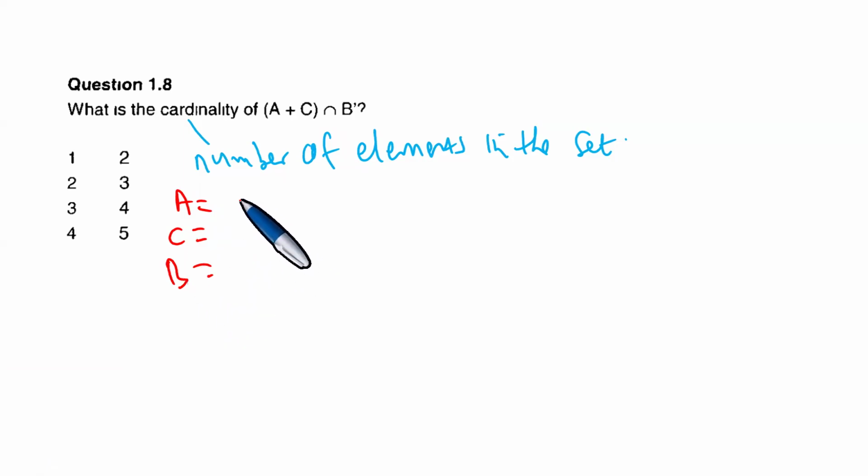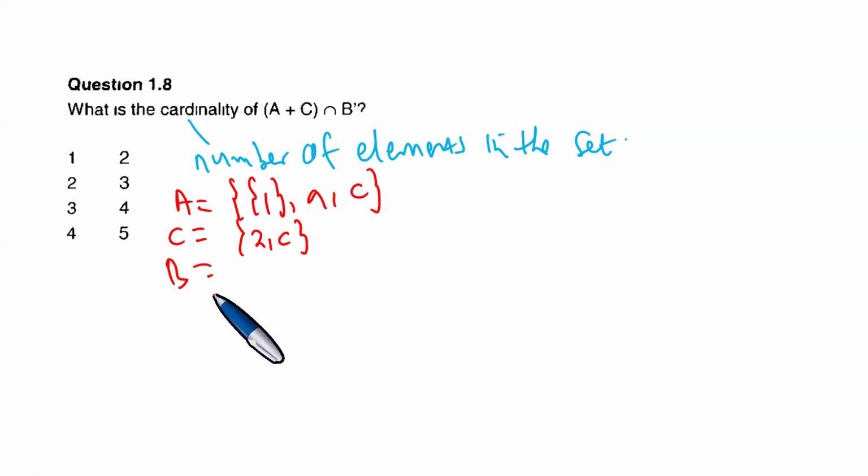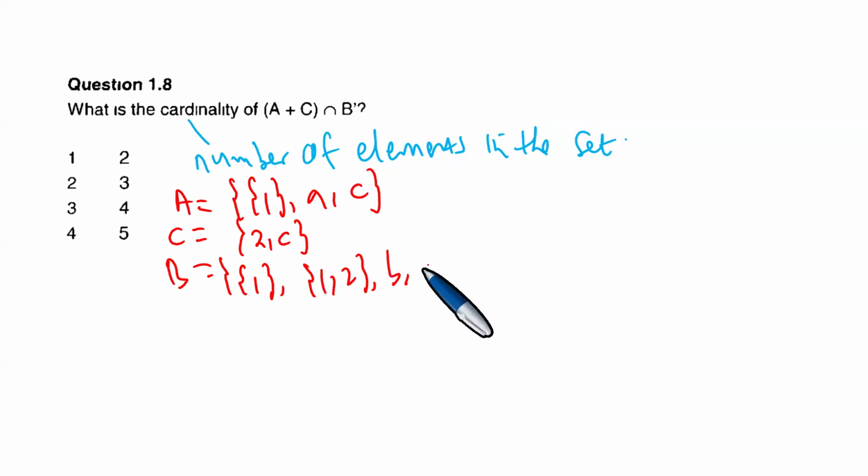We remember that A contains the singleton containing 1, it contains A, but also it contains C. And this one contains 2, it contains C as well. We have B, which contains 1, but also it contains 1 and 2, but also it contains B and C, like so.